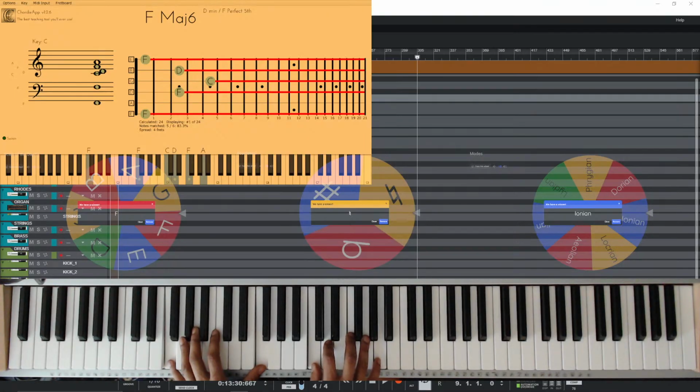Okay, let's go through some practical and simple shapes, I suppose. Let's say we just want to comp simple and easy.